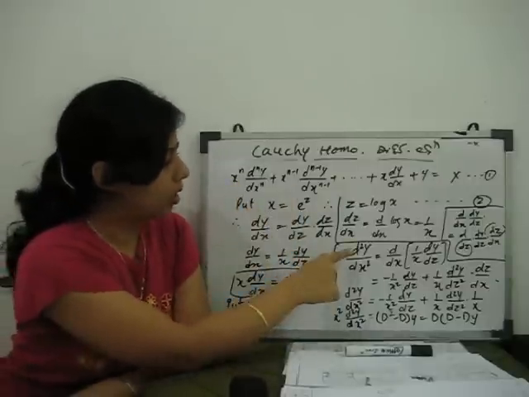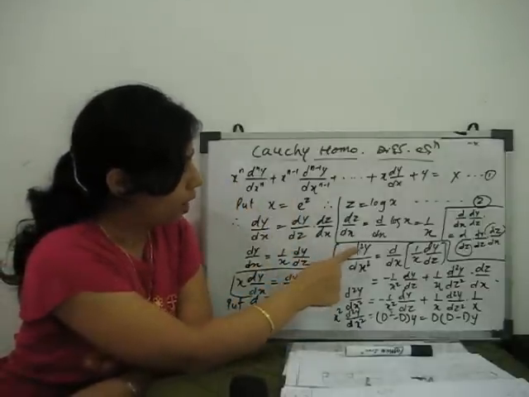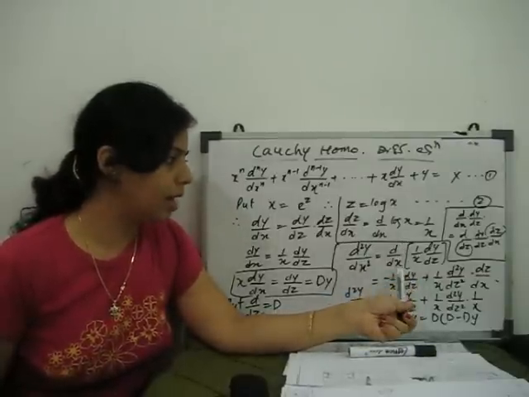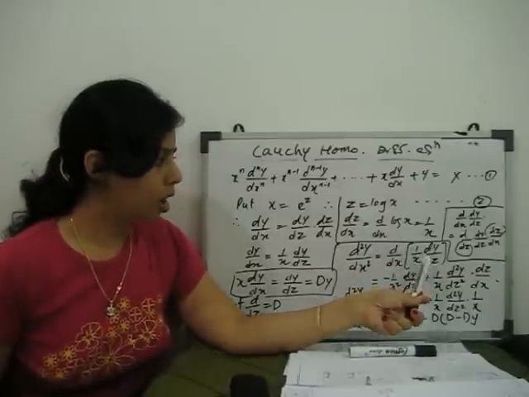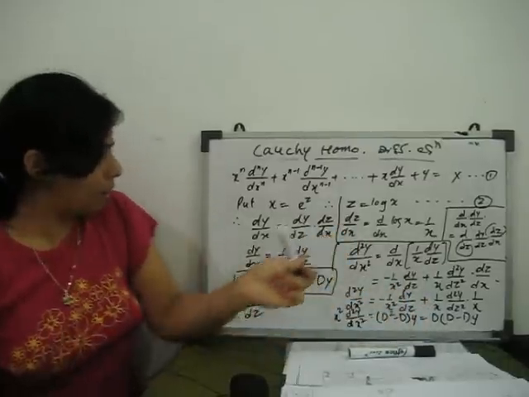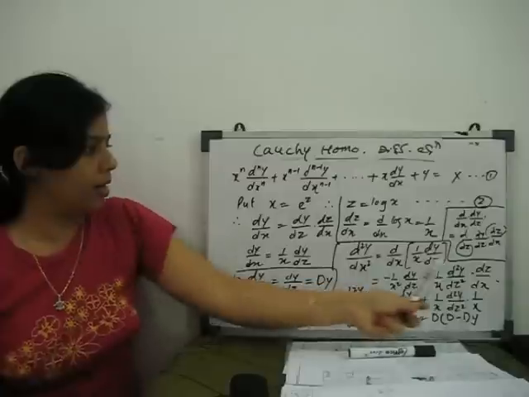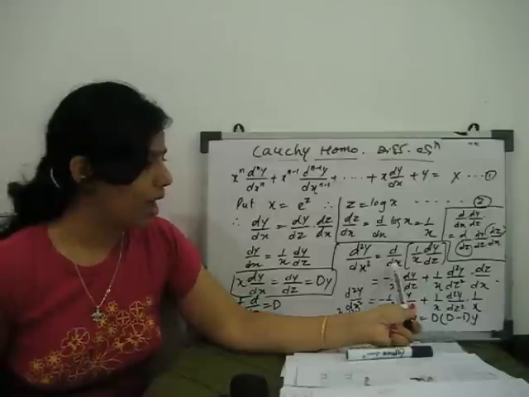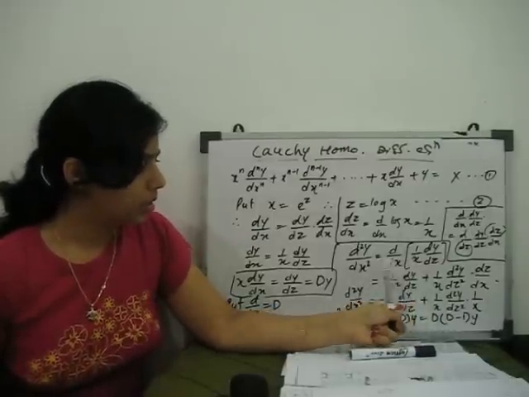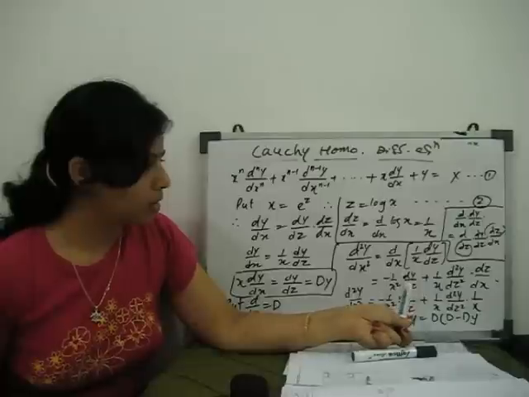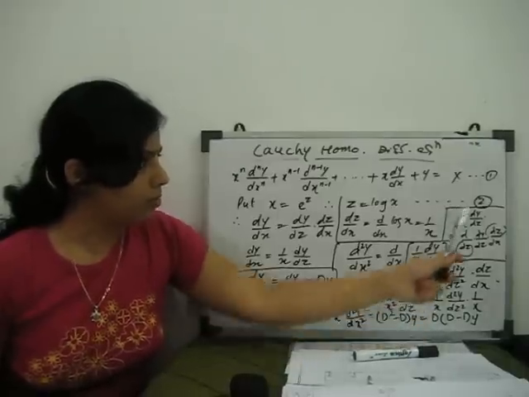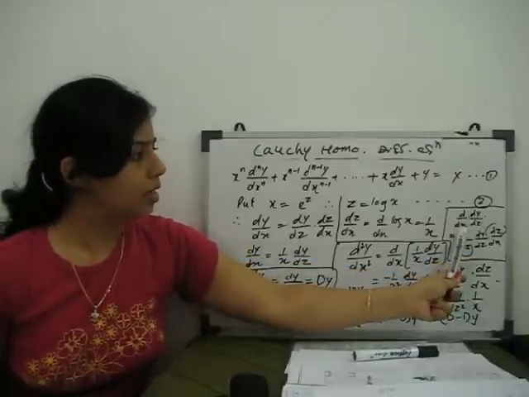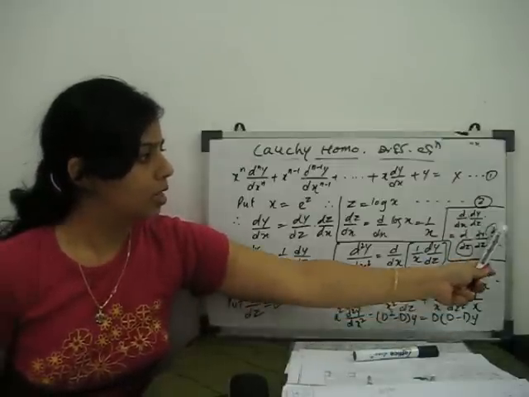Similarly for the second-order derivative, d2y by dx square is d by dx of dy by dx. And dy by dx is 1 by x dy by dz. Now differentiate with respect to x. When we differentiate 1 by x, we get minus 1 by x square, with the second function as it is, plus the second function differentiated: d by dx of dy by dz, which we rewrite as d by dz times dz by dx.